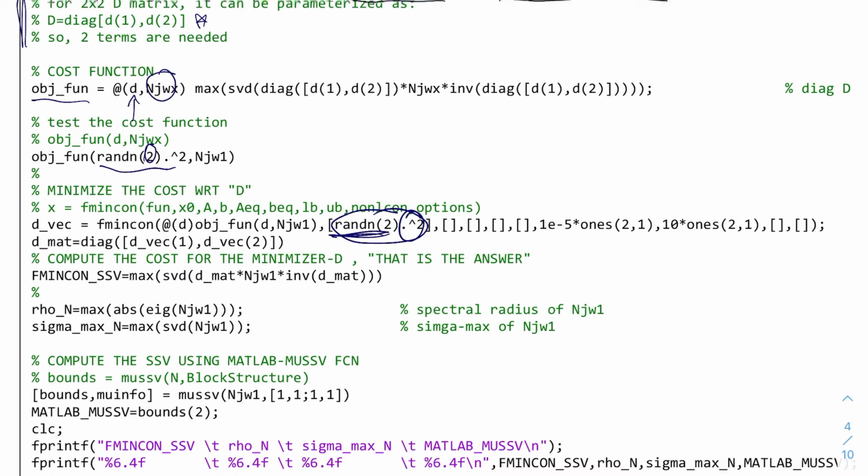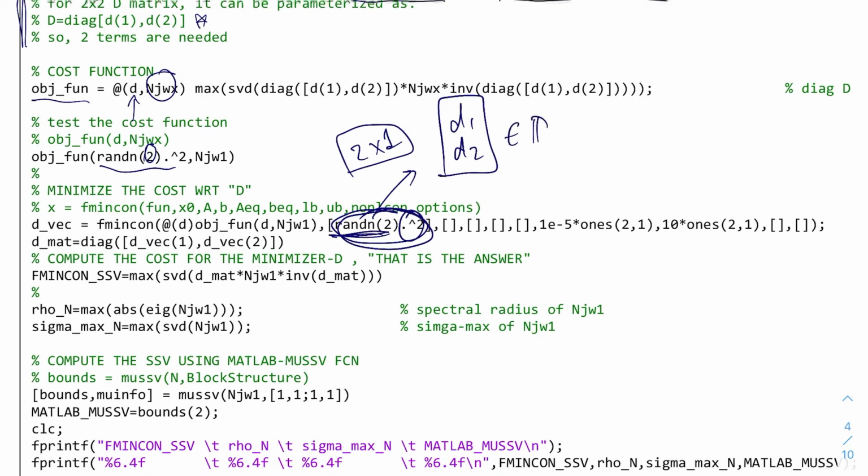By the way, now I'm looking at this, I feel like the structure or the dimension is D1, D2, right? So this term is dimension 2 rows and 1 column, or something like this.